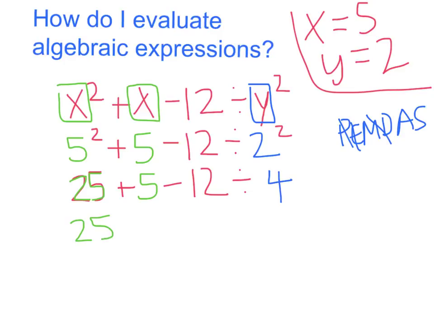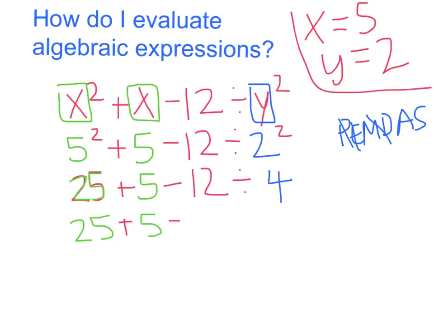So I still have 25 plus 5 minus 12 divided by 4. We're going to take that 12 and divide it by 4 to get our answer.